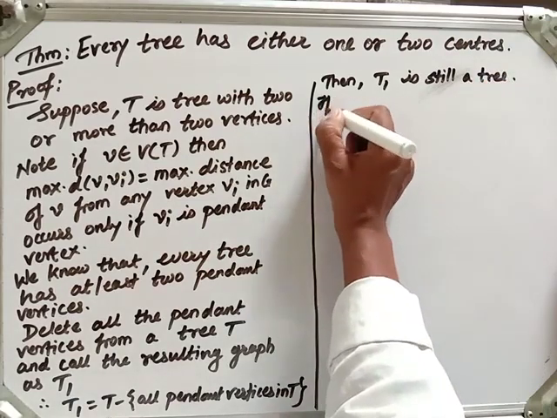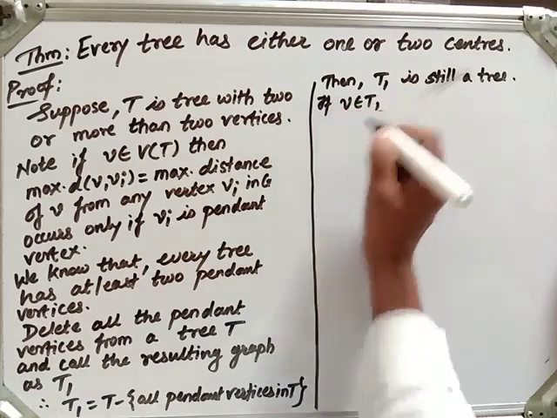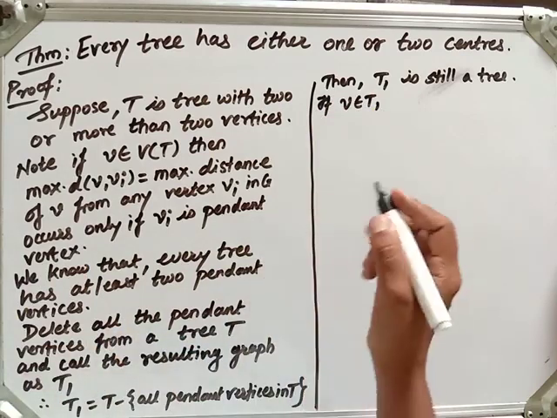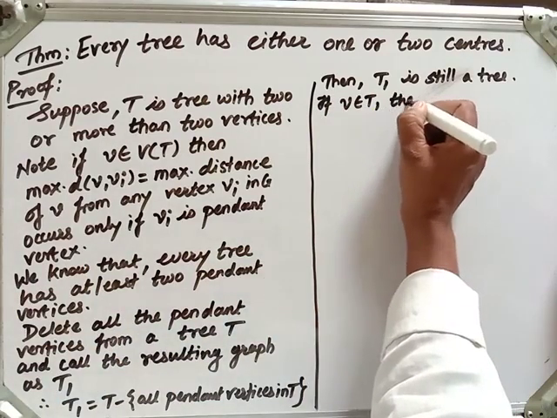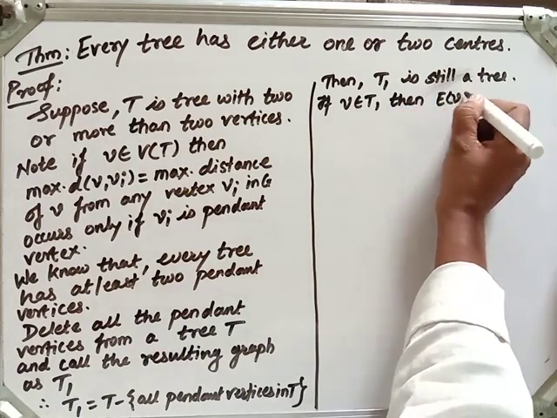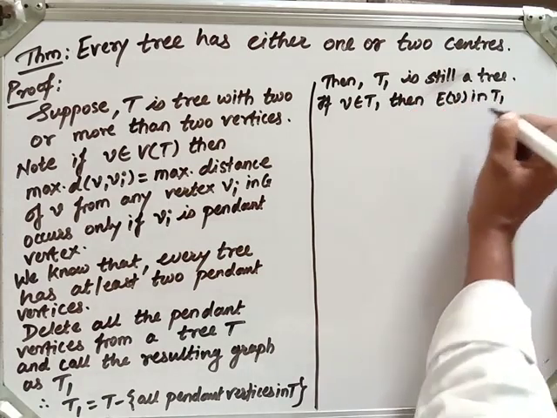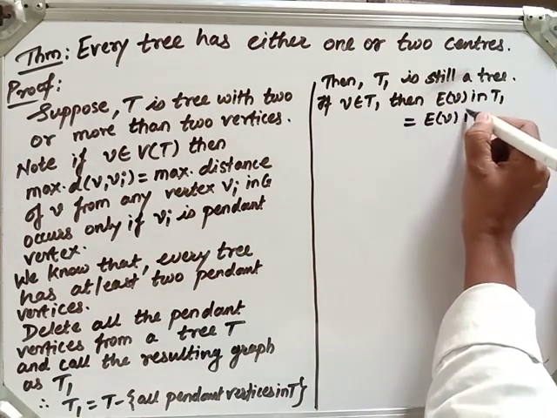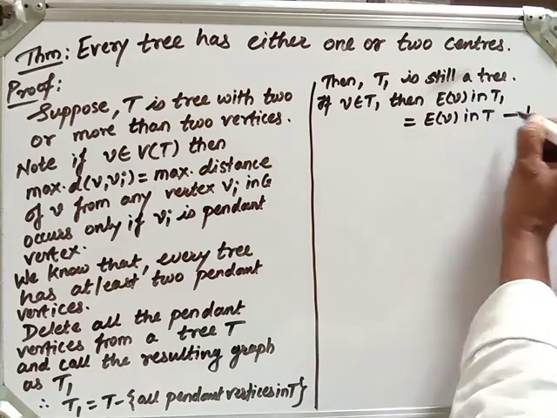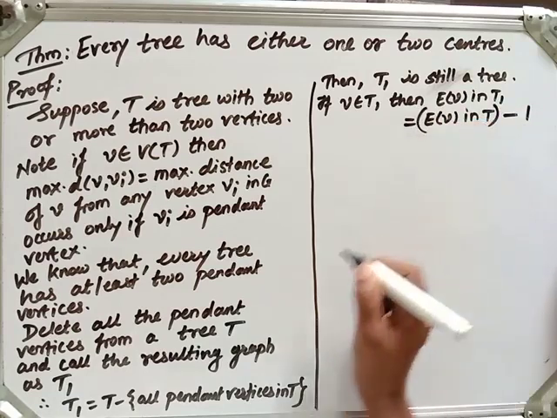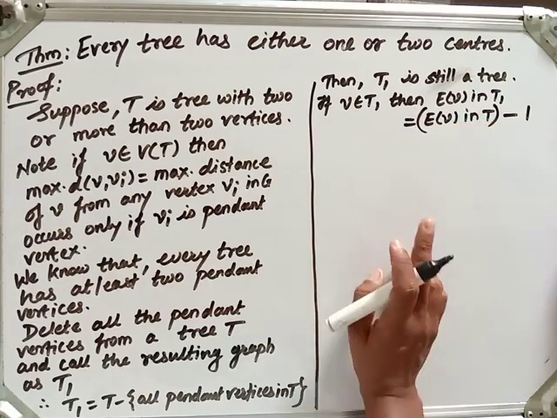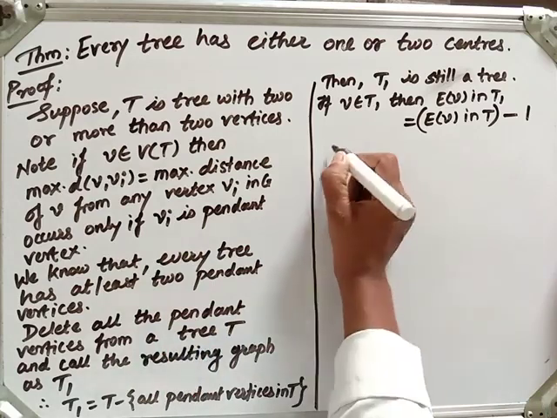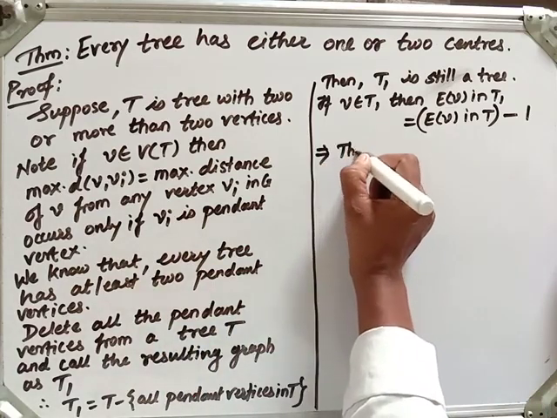Now, if V belongs to T1, V is from T we have taken, but suppose V belongs to T1, then the eccentricity of V in T1 is the eccentricity of V in T minus 1, because we have eliminated pendant vertices, right?